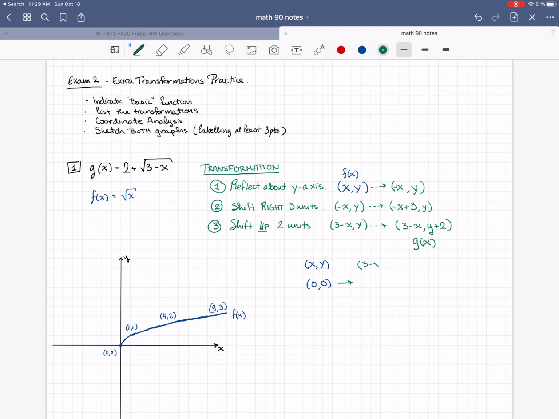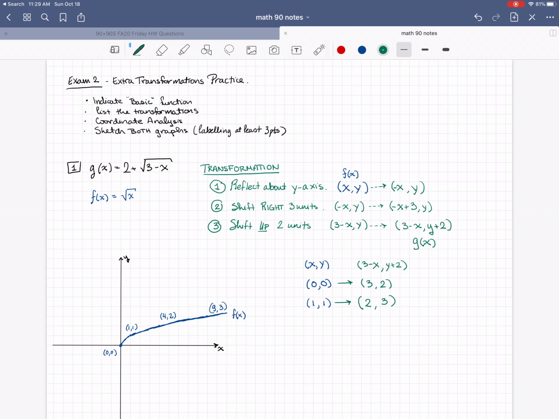Well, what does 3 minus x comma y plus 2 give you if x and y are both 0? It'll be 3 minus 0, 0 plus 2. By that same token, 1, 1. Well, what does 1, 1 become? If x and y are both 1, 3 minus 1 is 2, 1 plus 2 is 3.